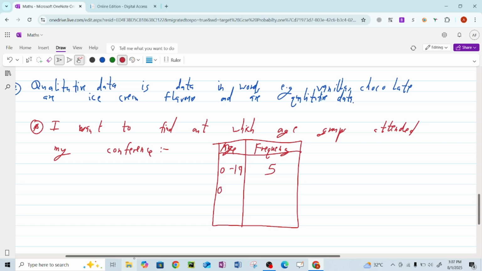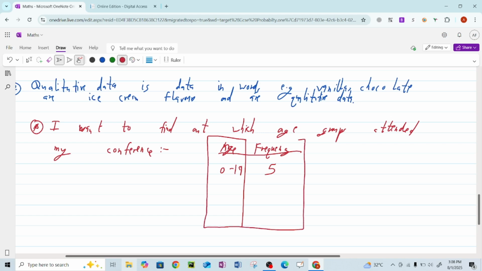Then I have, let's say, from 20, let me make it over here. So the next one we can say is 20 to 40.